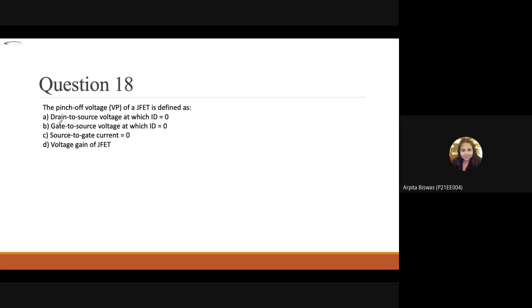This is the question number 18. The pinch off voltage VP of a JFET is defined as drain to source voltage at which the ID is 0, or gate to source voltage at which the ID is 0, or gate current equal to 0, or voltage gain of JFET.